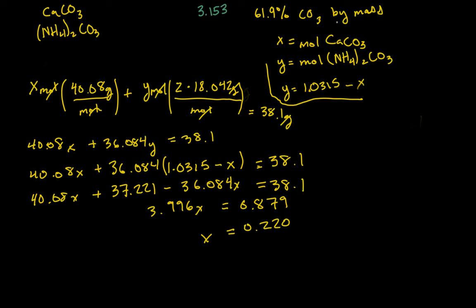Okay, so we know that we've got that many moles of calcium carbonate in this whole mixture of these two carbonate species. All right, so we're going to stick that off to the side here. X equals 0.220. And it'll again make us some room.